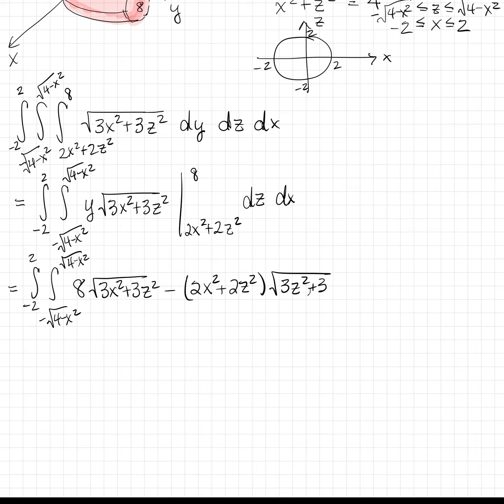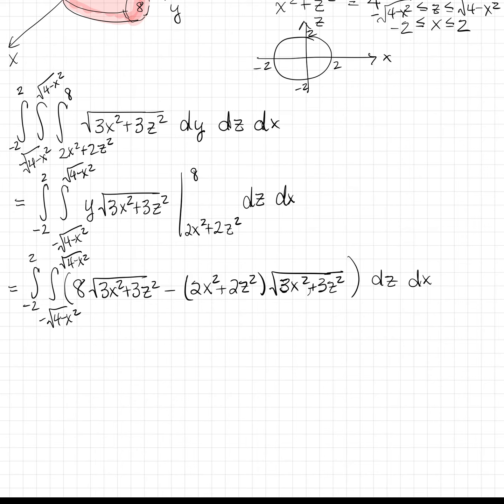I've switched my x and z. All of that is dz dx. Now, take a breath. What a mess, right? This is going to be really hard to integrate.